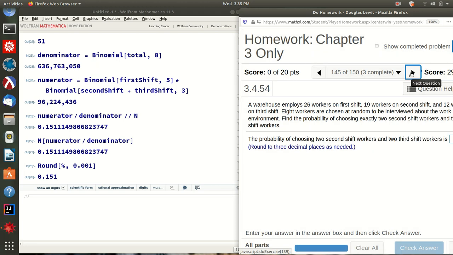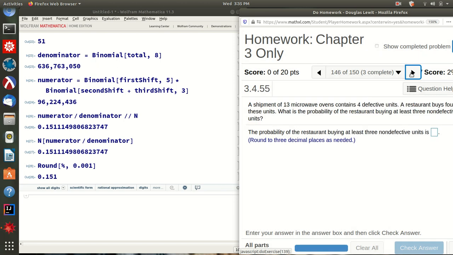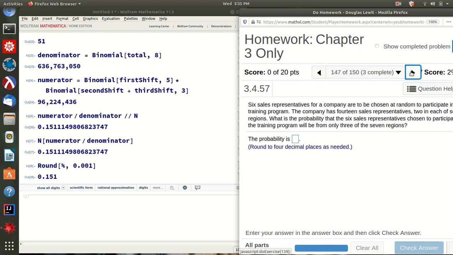Question 145 is very similar. There's really no need to do that. You should be able to do that by yourselves. Question 146, you should be able to do that on your own. It's a little bit different, but it's very similar to the problem I just did. Question 147.